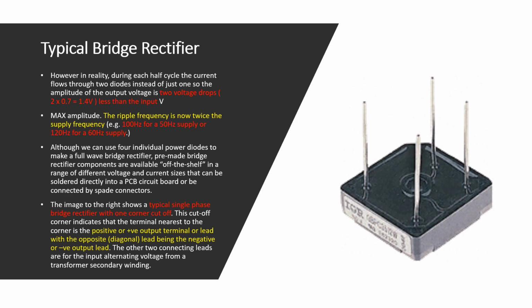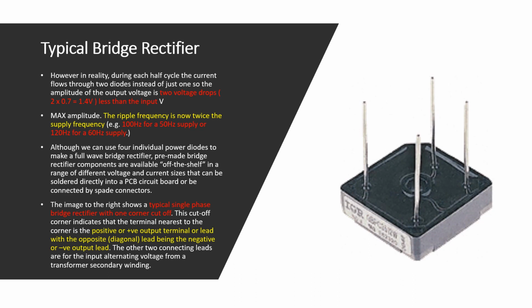We can use 4 individual power diodes to make a full wave bridge rectifier. Now this figure shows a pre-made bridge rectifier. Components are available off the shelf in a range of different voltage and current sizes that can be soldered directly into a PCB or connected by spade connectors. The image to the right shows a typical single phase bridge rectifier with one corner cut off.